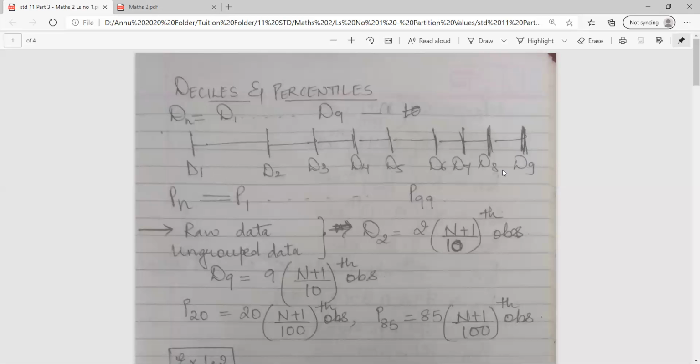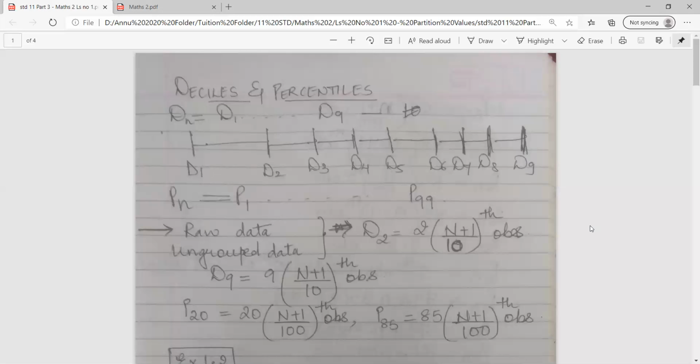In between, you can calculate any decile as asked in the question. Similarly, percentiles divide the data into 100 equal parts, starting with P1 and going up to P99. That's the only difference between quartiles, deciles, and percentiles.